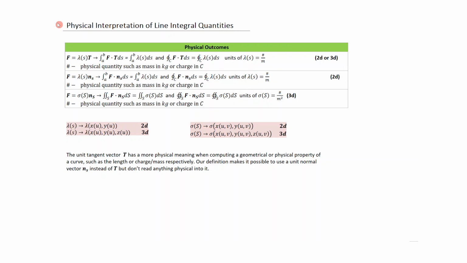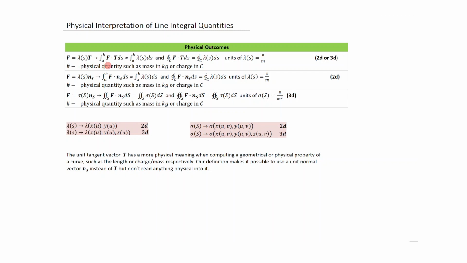In this case, the vector field F is replaced by some scalar coefficient times the unit tangent vector T. And this s is just symbolic. We'll explain what this actually looks like in real form shortly.